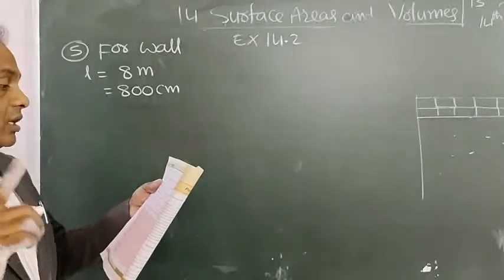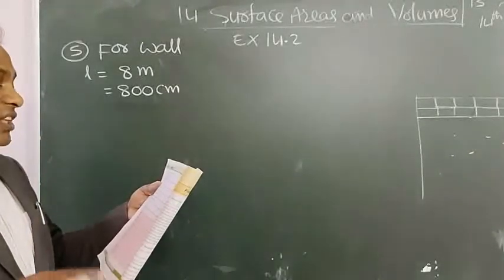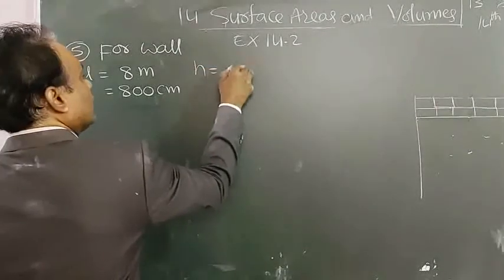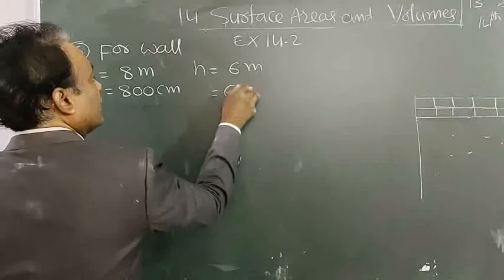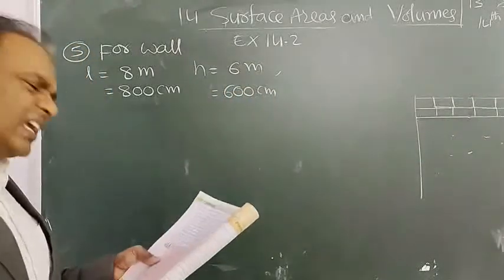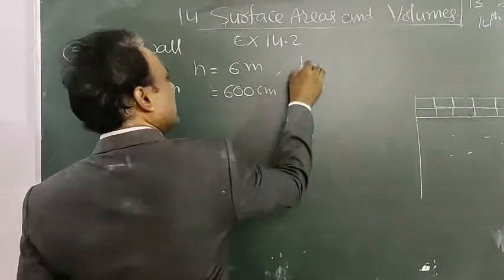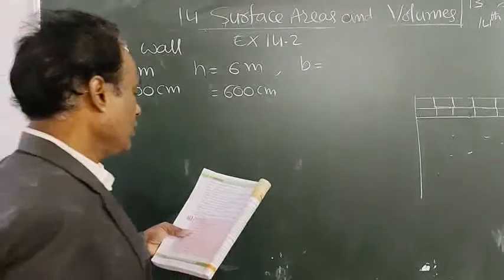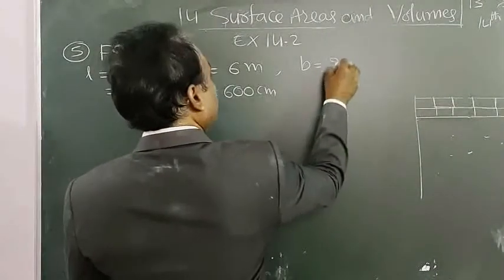And 6 meters height, so 6 meters is equal to 600 centimeters. Thickness, we can also call it width or breadth, which is 22.5 centimeters.